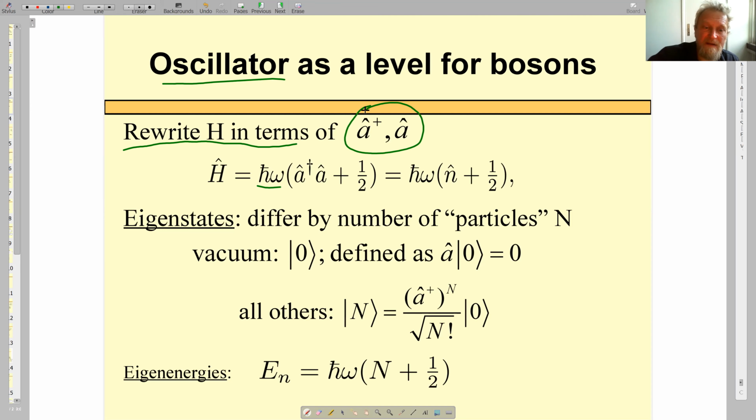The Hamiltonian looks like this, and that can be written as number of particles. Number of particles in this oscillator. So the eigenstates of harmonic oscillators, in fact, of oscillator, in fact, differ by number of particles.